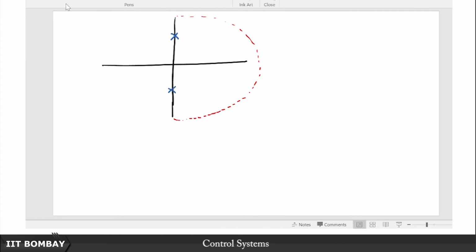Remember the contour had to go through the entirety of this j omega axis, and what I have not mentioned is that because it goes through the j omega axis, that is exactly the reason why this is a frequency domain tool.